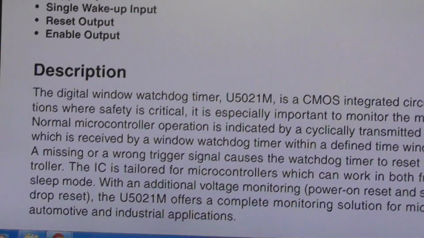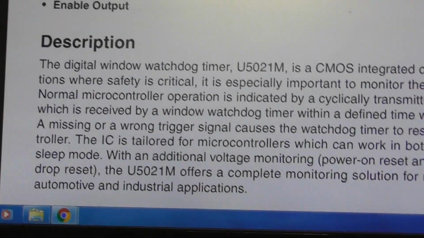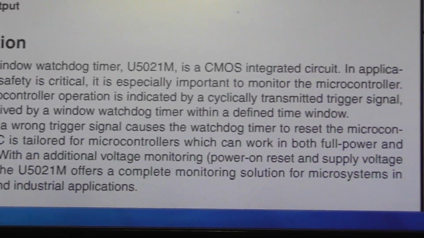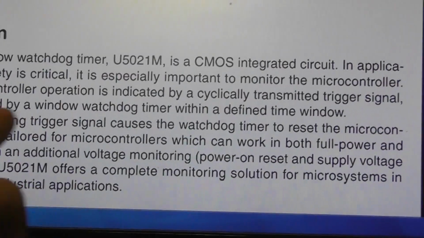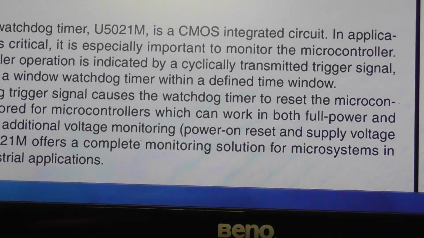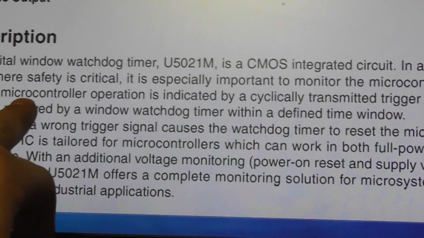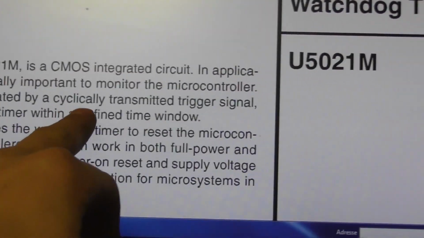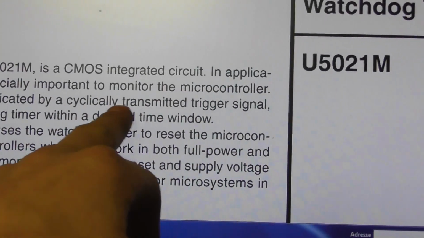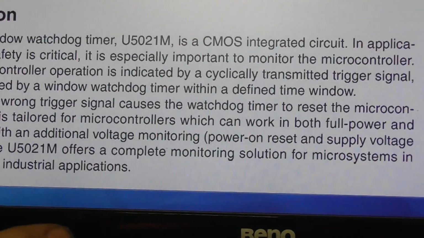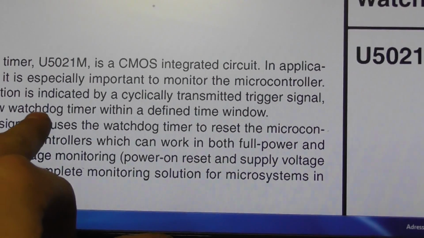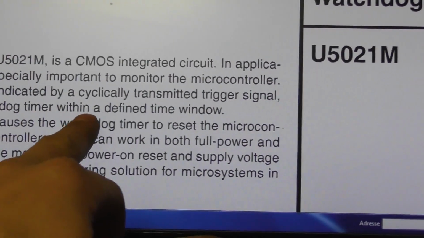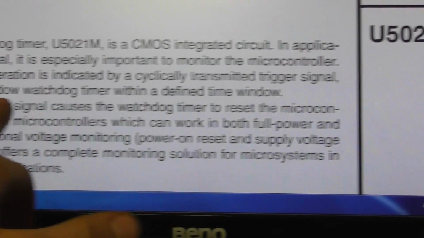Read the description. Especially this sentence here: Nominal microcontroller operation is indicated by a cyclically transmitted trigger signal which is received by a window watchdog timer within a defined period time window.